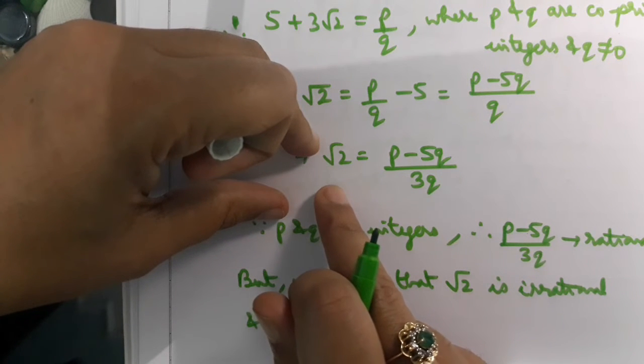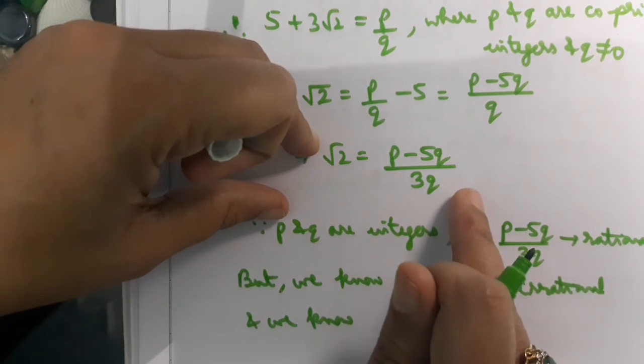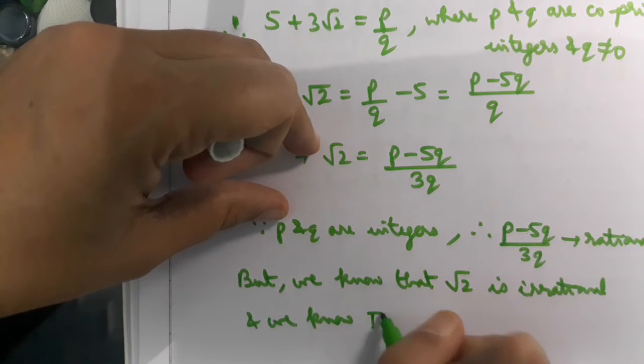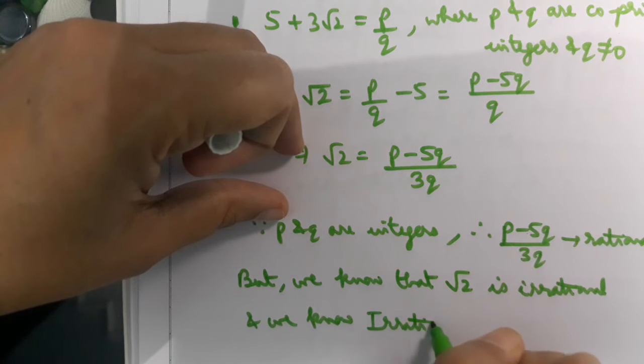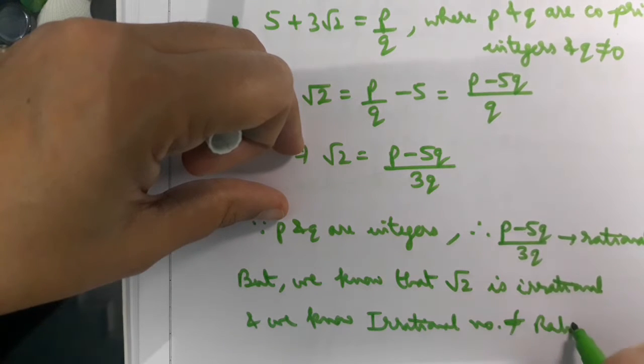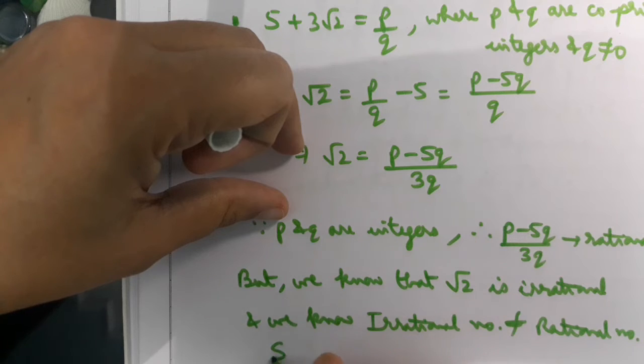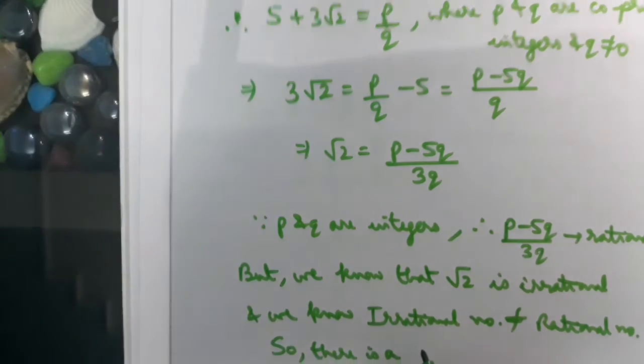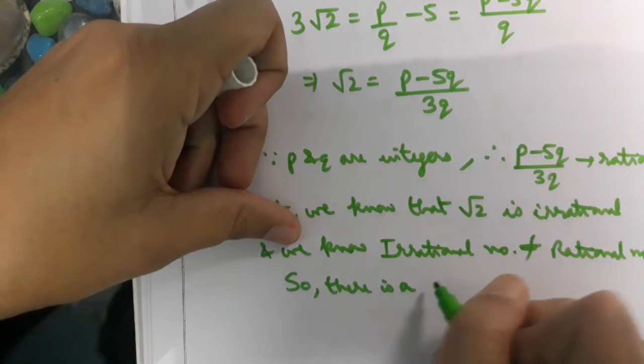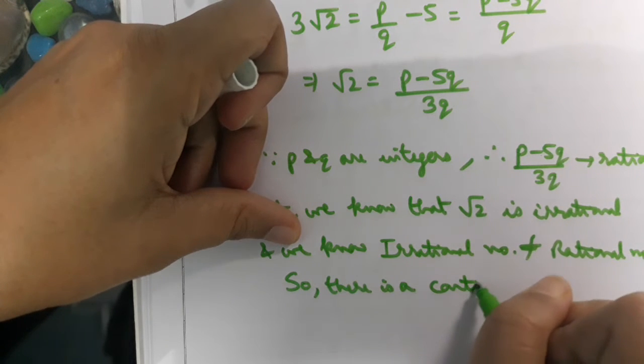Left hand side is an irrational number and right hand side is a rational number. So we know that irrational number is not equal to rational number. So there is a contradiction and our assumption is wrong.